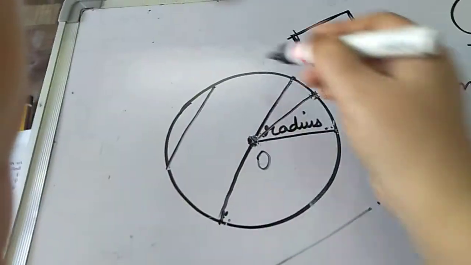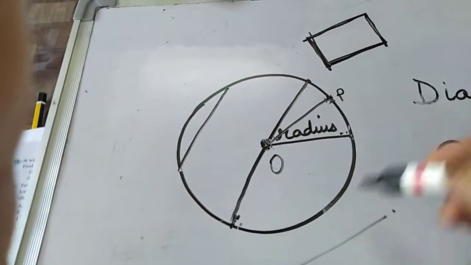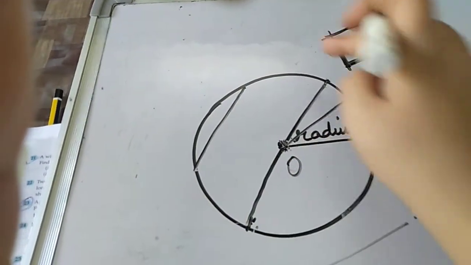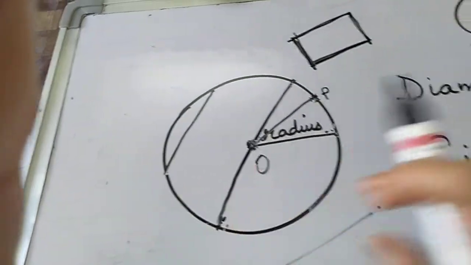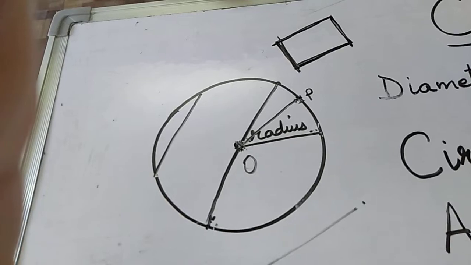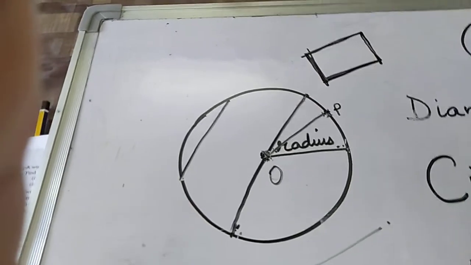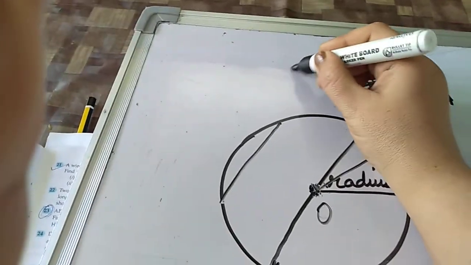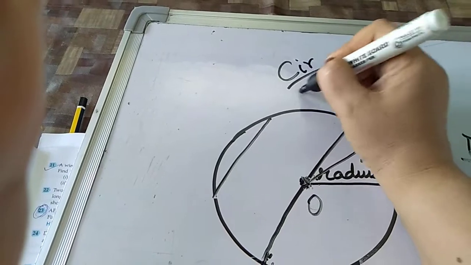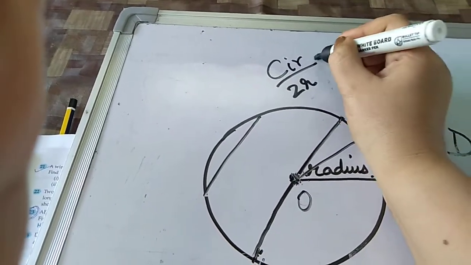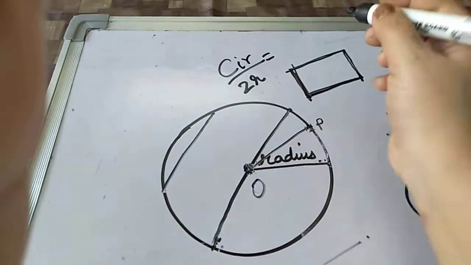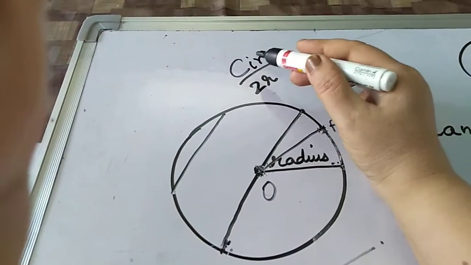How will you find the length of this circular path? Stick a thread along the circular path, take out that thread, and measure it with a ruler. Then he looked at circumference divided by twice the radius. What is twice the radius? That is the diameter.